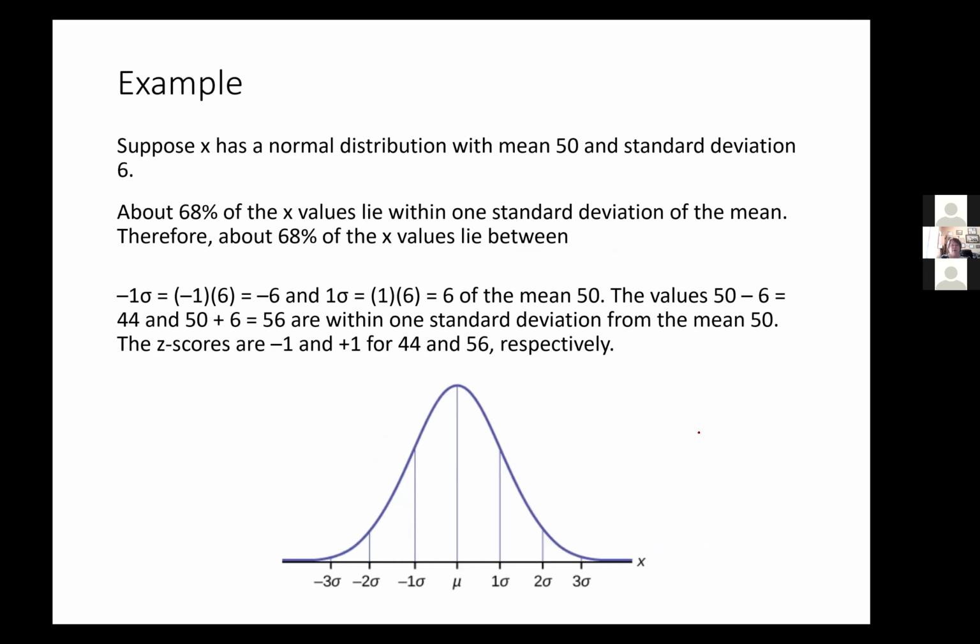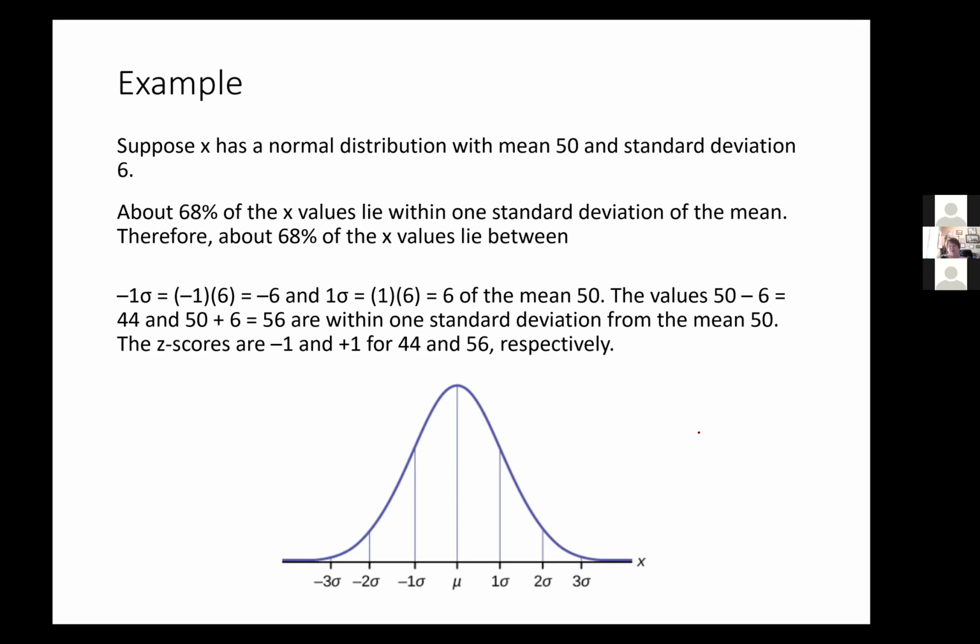So suppose X has a normal distribution with a mean of 50 and a standard deviation of 6. About 68% of the X values lie within 1 standard deviation of the mean.